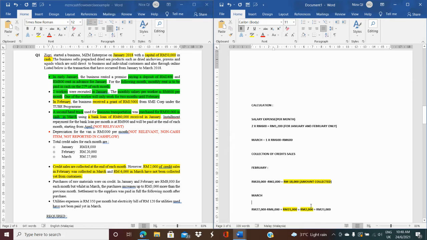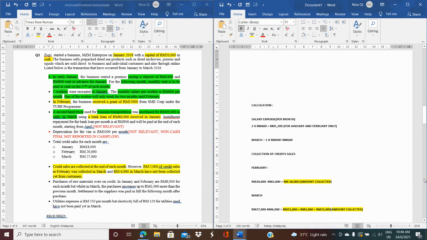Amount collected, so for March and also for February outstanding sale. So this is the amount to be collected, 21,000 plus 2,000. So the amount collected will be 23,000. Okay, so you have to be careful with all these conditions.